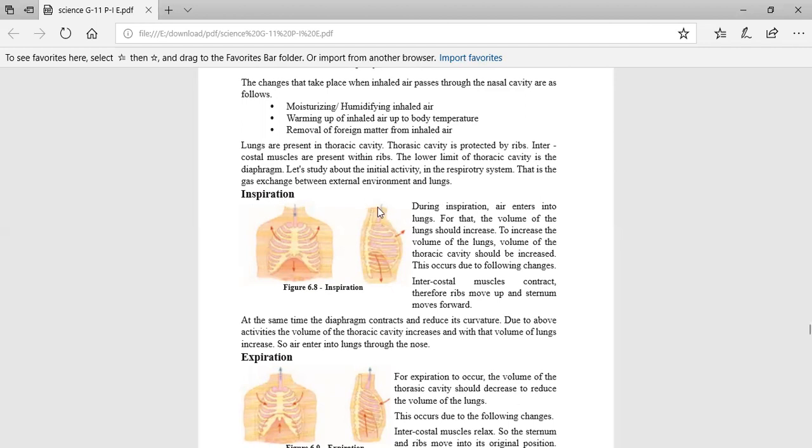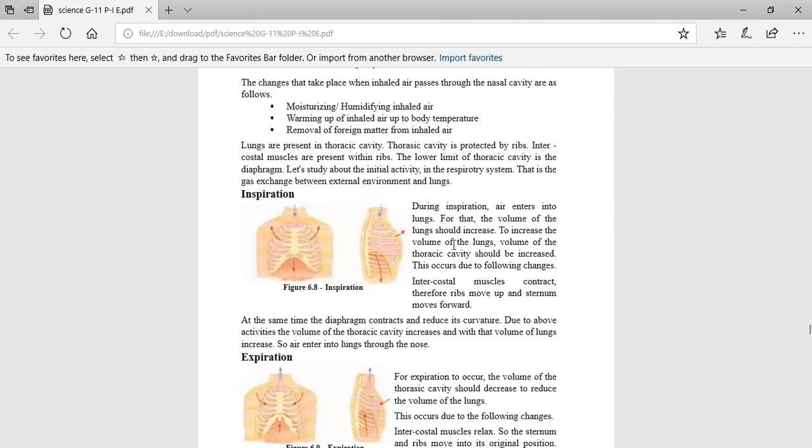Right. There are two processes, inspiration and expiration. During inspiration, what happens to the thoracic cavity? Air enters the lungs through the trachea, bronchi, and bronchioles.